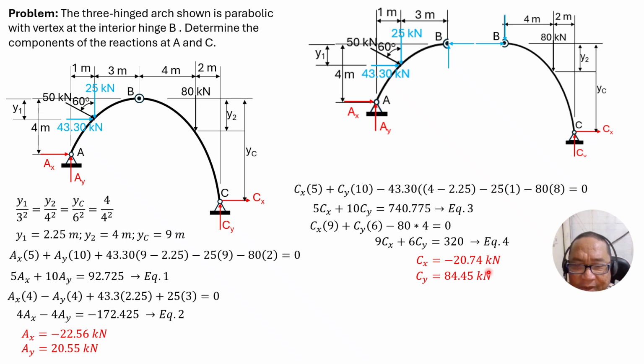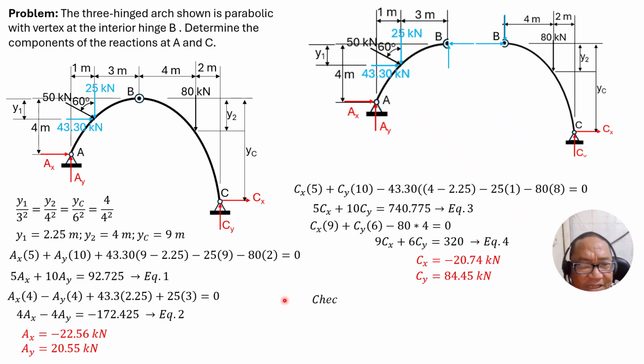Solving equations 3 and 4 simultaneously, we now get Cx equals negative 20.74 kilonewtons and Cy equals 84.45 kilonewtons. So finally, let's validate these answers by checking if these reaction components as well as the loadings will be in equilibrium.